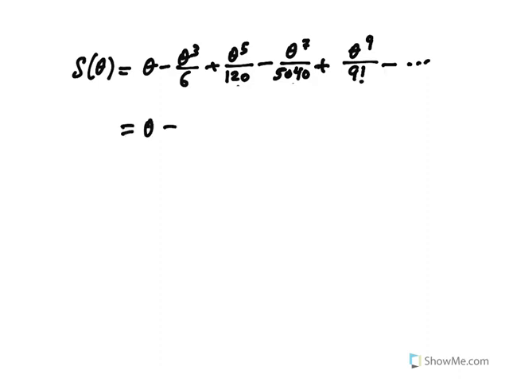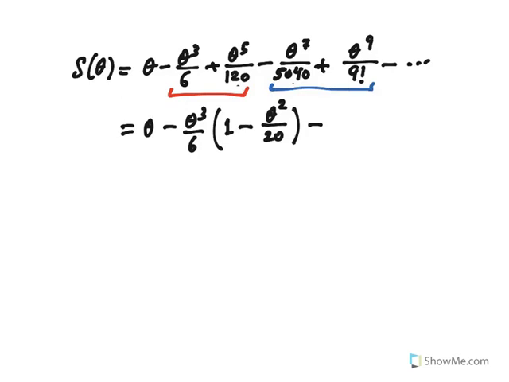We can start by doing the following thing. I can group these two terms together here, factor out a minus from both of those terms, and also factor out this. And then what's going to be left is a 1 from that second term, and then a minus, and then a theta squared over 20. Then I can also group together the next pair of terms and play the same game.